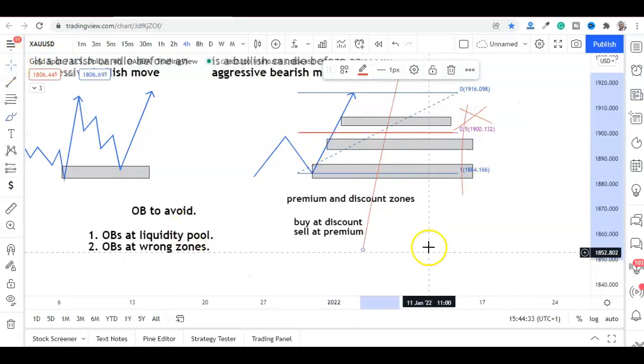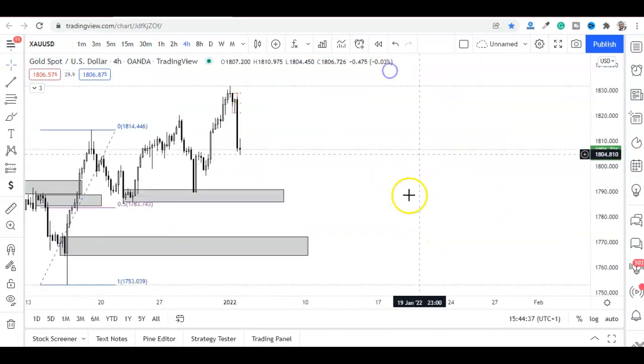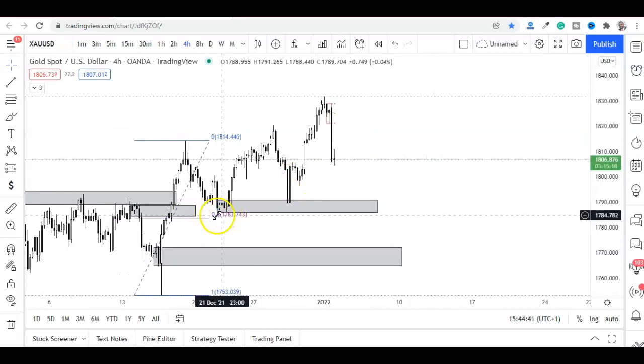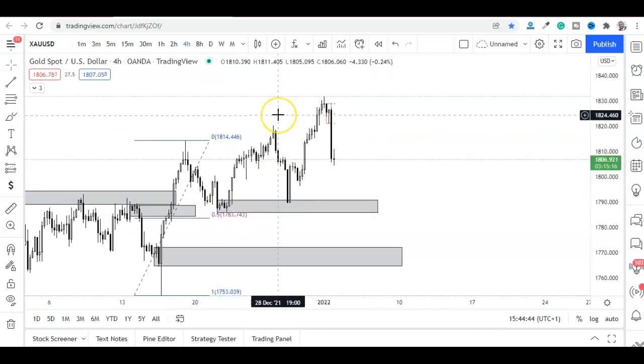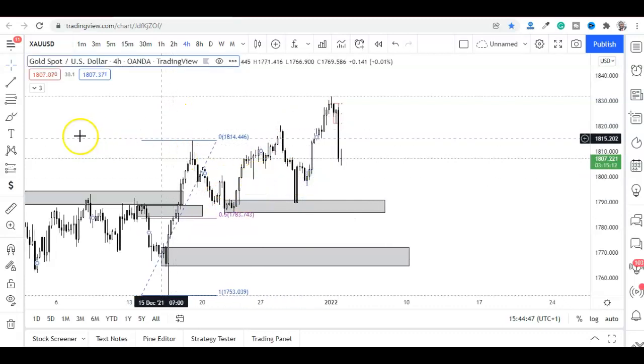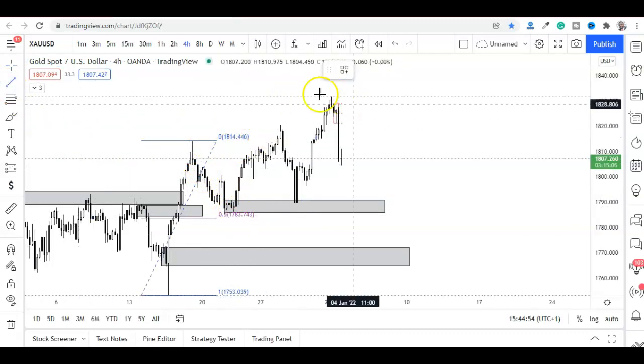Okay, so let's look at the chart. Sorry for that. Let's look at the chart to see how to apply this. Take for example this range from here to here. You can see that this move broke structure here. This move broke structure.